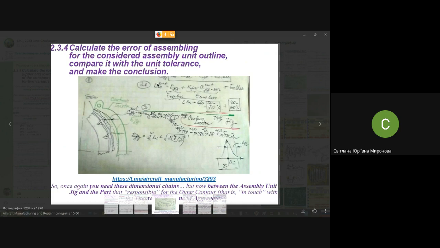Here you see that we have error equations, which consist of the error of the jig, the error of the original base, and the error of coordination between the jig and the part that you're going to locate onto this jig. Plus the so-called other errors, which are not calculable. We just consider them as 30 or 40% of the whole error.